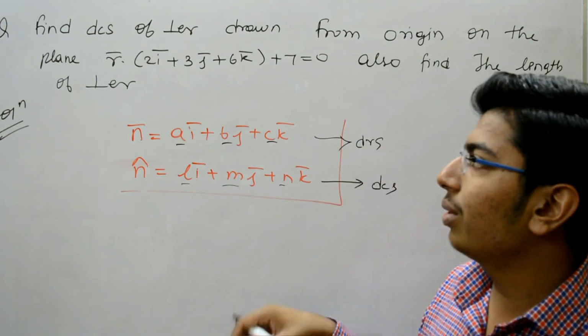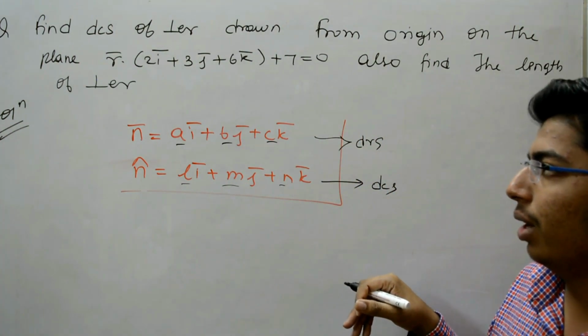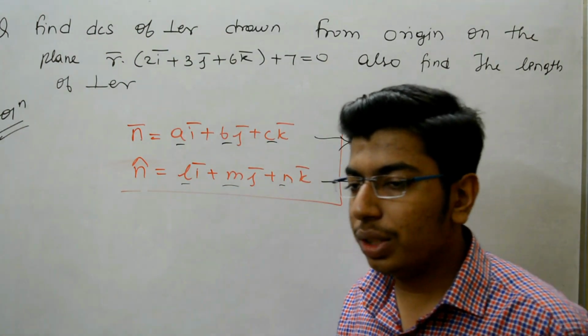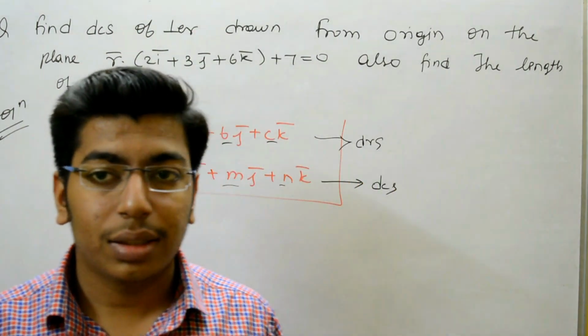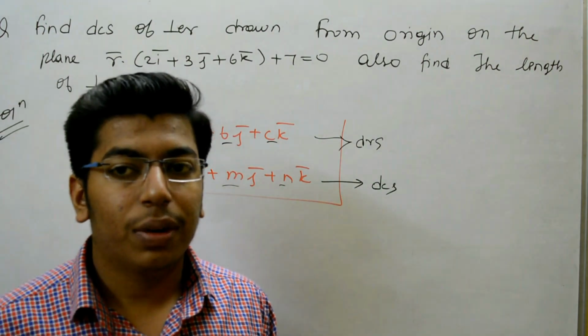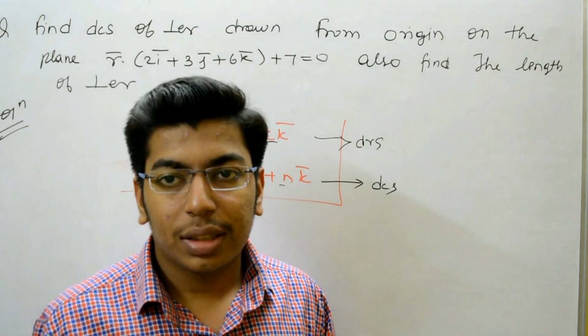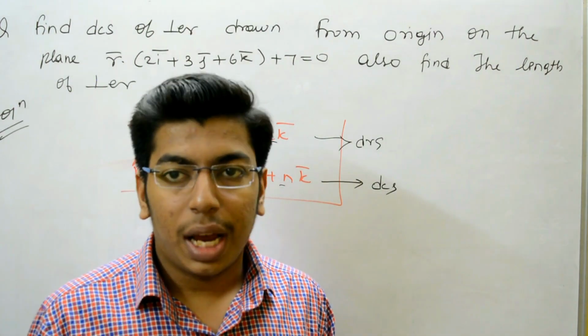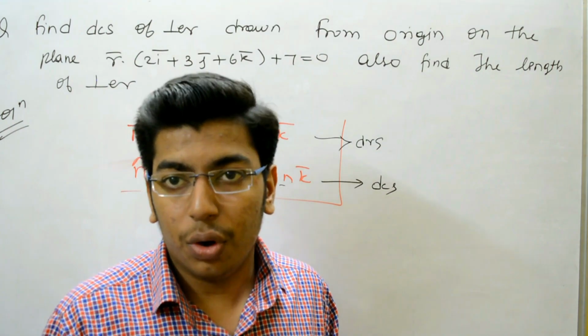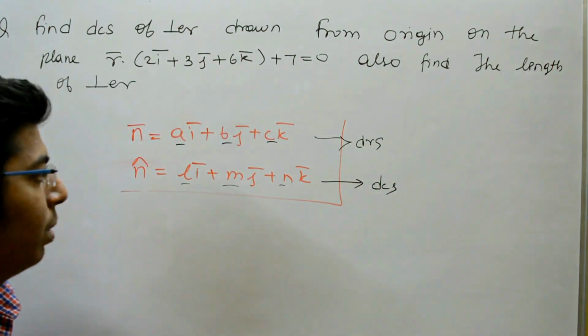So that is a very simple example. The solution will start as usual, as we started the solution for all of the examples which I have explained before. The solution will be the same.